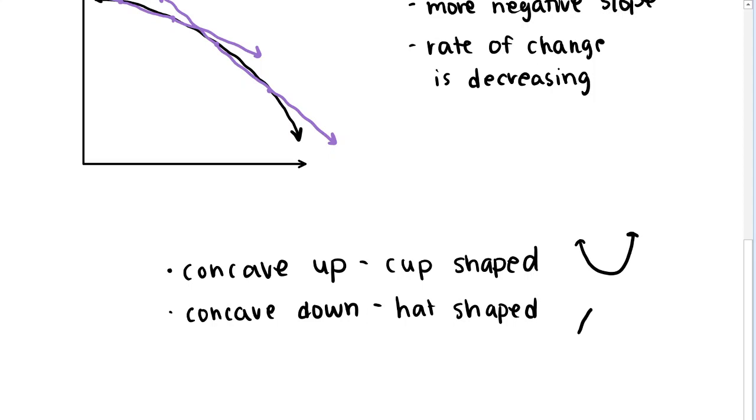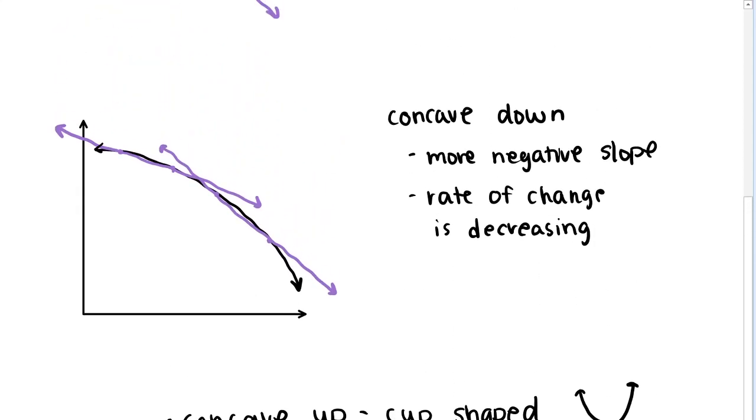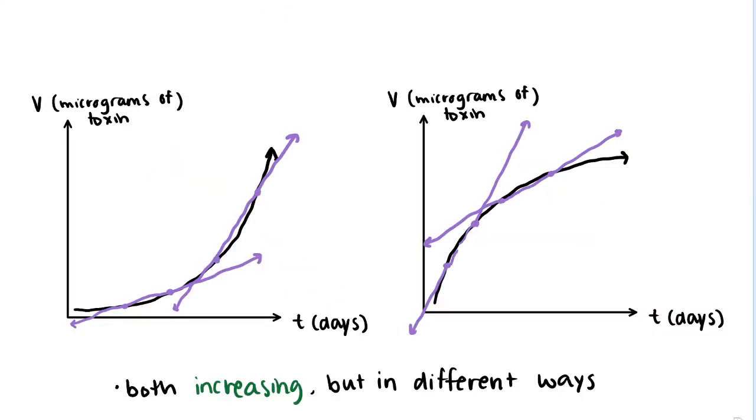It sort of bowls downwards, right? Kind of in the shape of a hat. And if we look at our previous example, we can see that it curves downwards. We can see this in our previous examples as well, right? This left example was a concave up function, and it bowls upwards, whereas the right example bowls downwards, and we called that concave down.